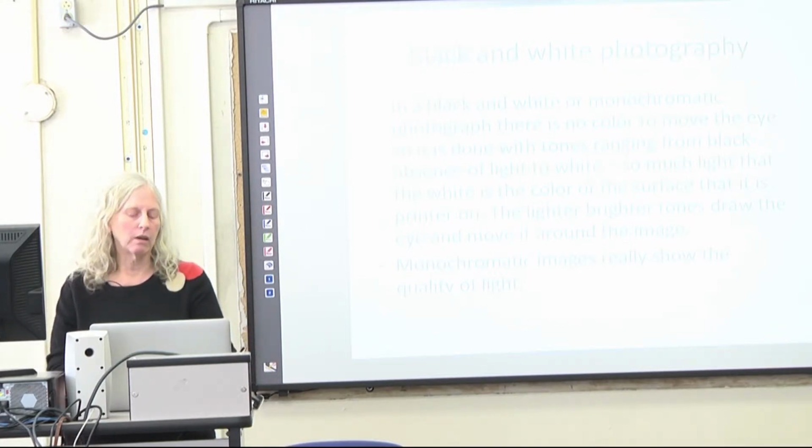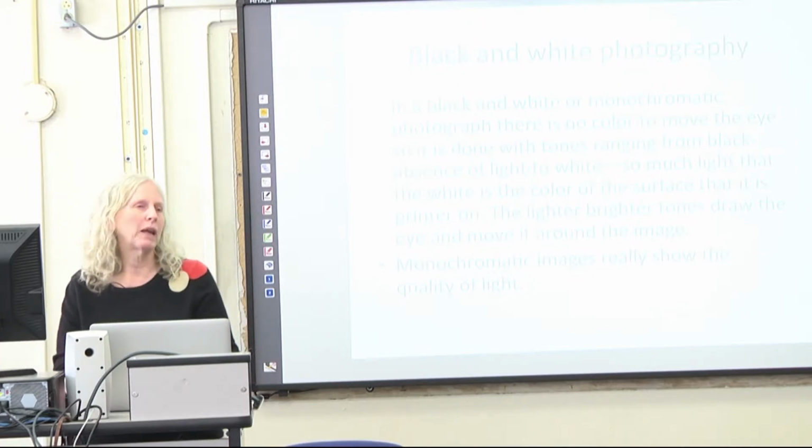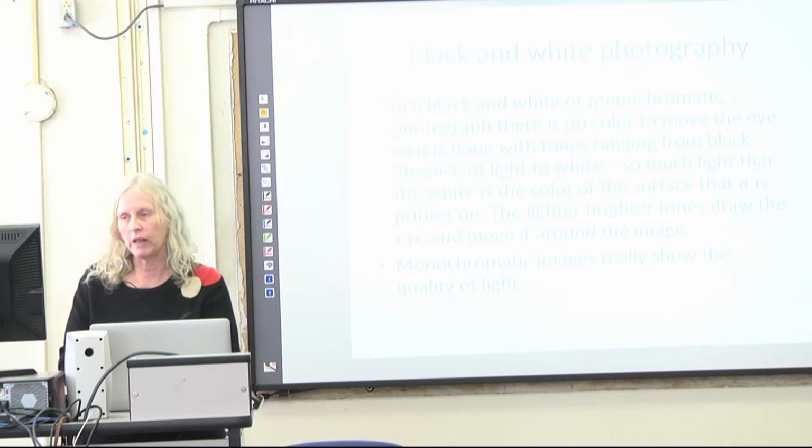The beauty of working with monochromatic images is that it really shows the quality of light, which is really important in photography. You'll notice paintings that look really realistic, the painter's usually been really accurate with how they portray light.